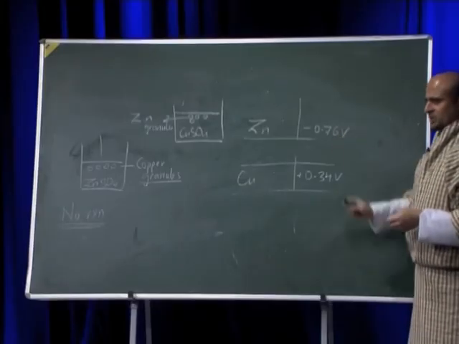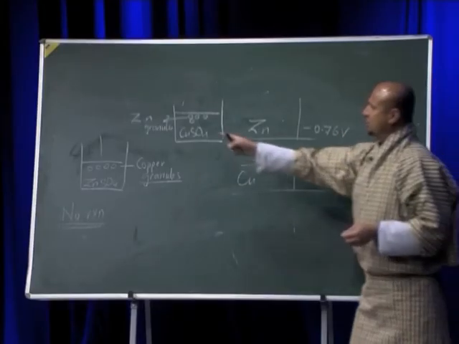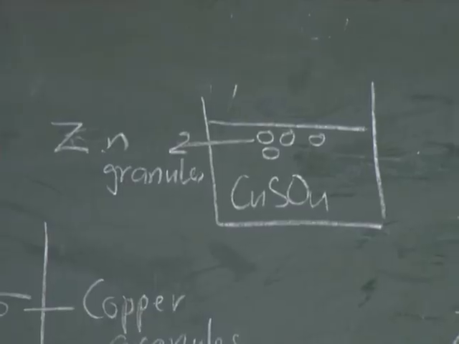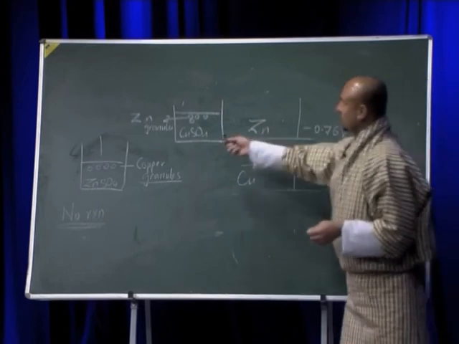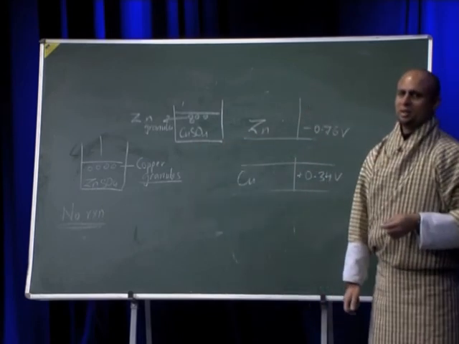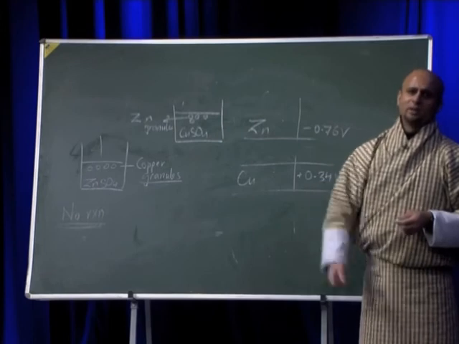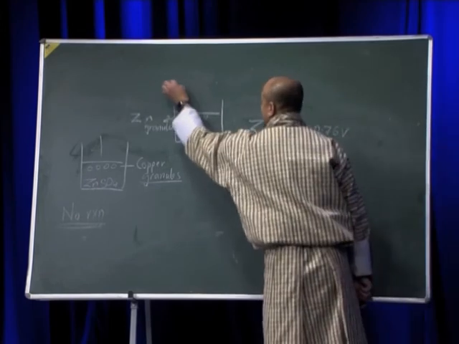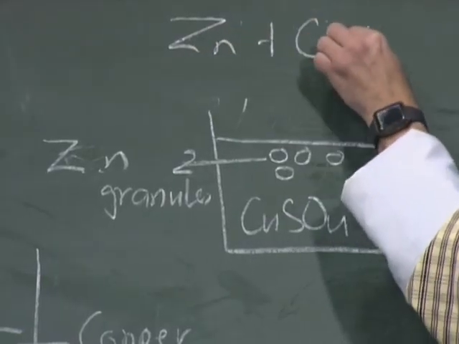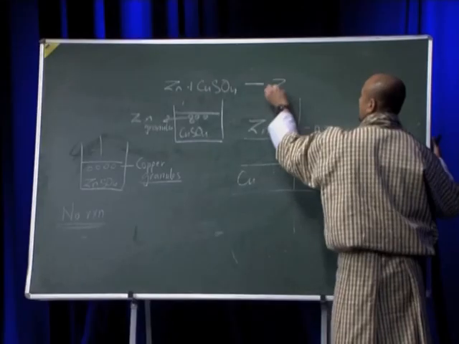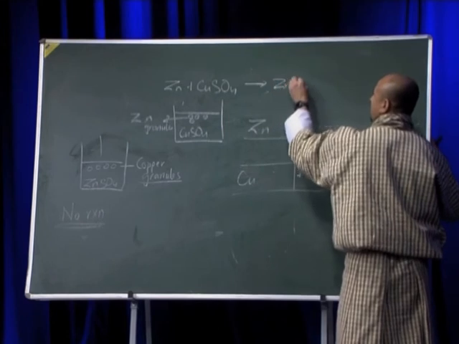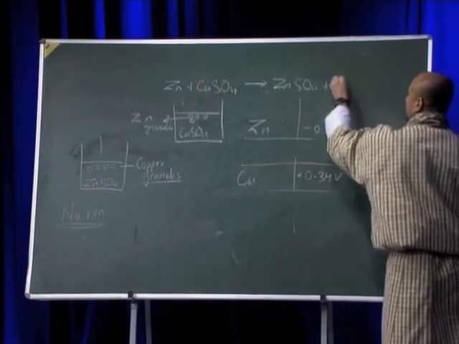Zinc is more reactive. So, zinc being more reactive will displace copper from copper sulfate solution. As a result, after some time, you will not have copper sulfate there, but instead you will find zinc sulfate, because zinc plus copper sulfate will give us zinc sulfate and copper will get displaced.